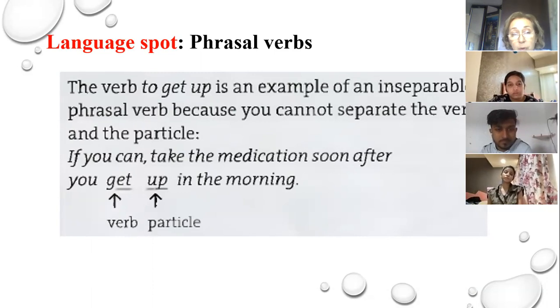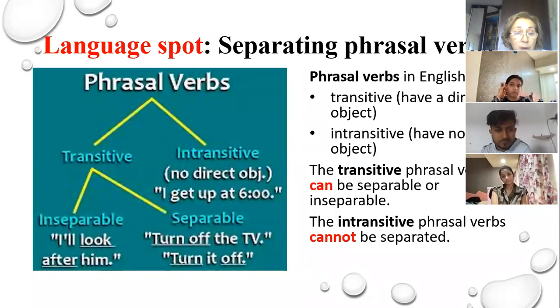Nothing can be used in between get and up. So how can we understand which phrasal verbs are separable and which are inseparable? We need to analyze the meaning of the verb, because it depends on its meaning and its form.